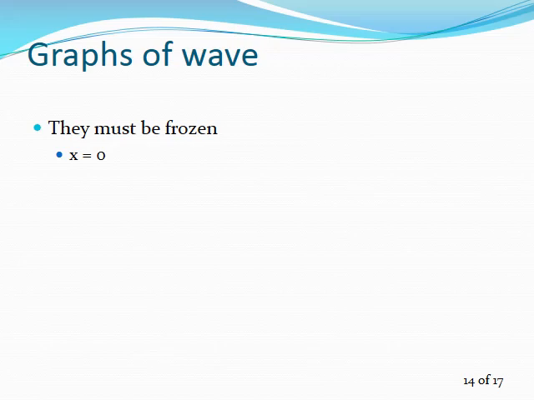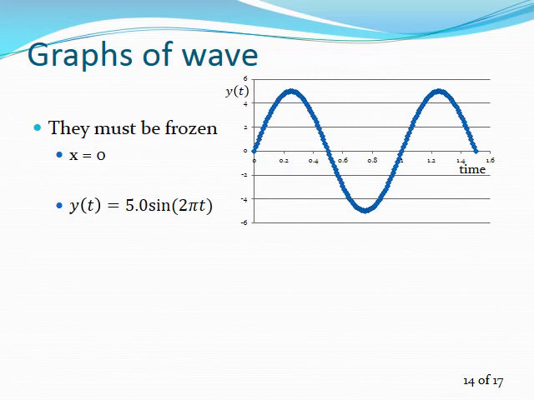So I'm going to look at the medium at the location of x equals 0. I'm only going to look at what's happening to that one particle and see what happens to it over time. The function we would be looking at would be similar to this. And I can graph that function, and that function looks like that.